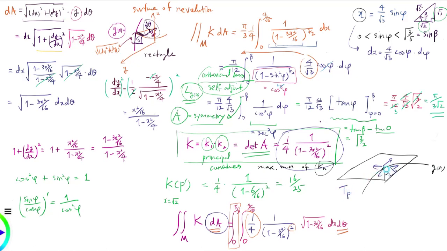Okay, and their multiplication is called the Gaussian curvature, capital K. So by figuring out the formula of Gaussian curvature on this generating curve, we can find the total curvature on the surface, which is a surface of revolution, by the technique of integration.